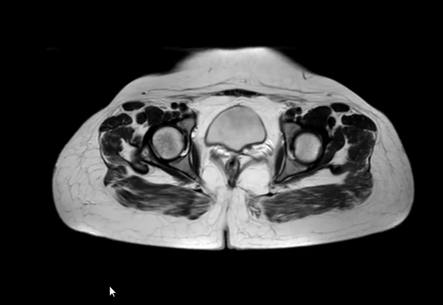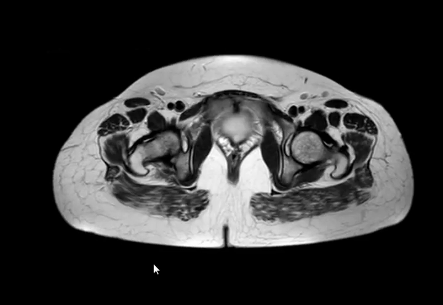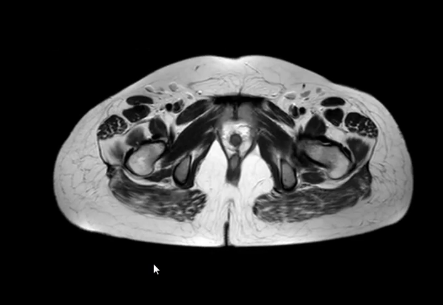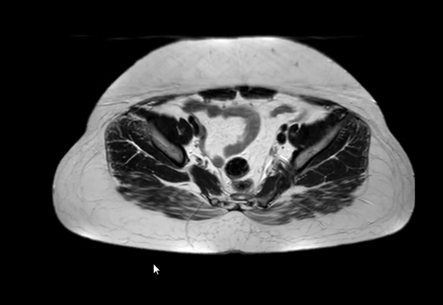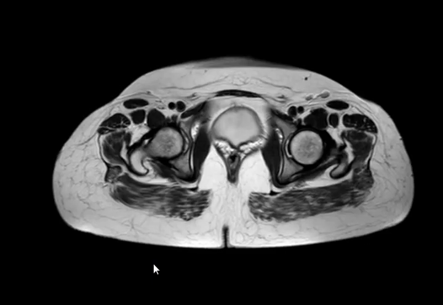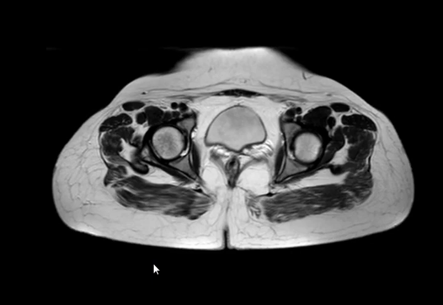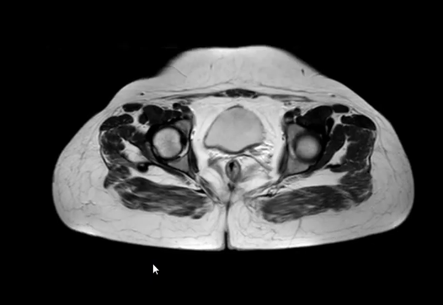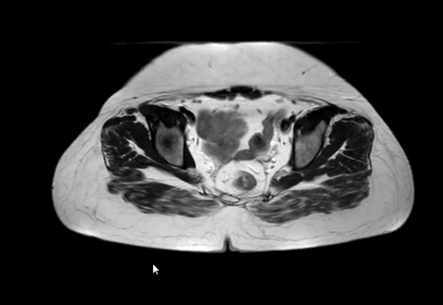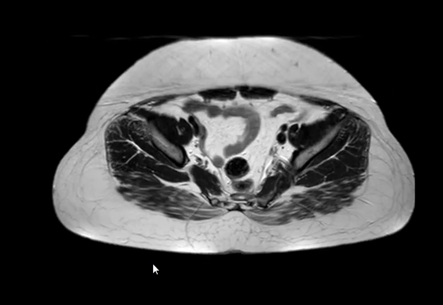What's this sequence? T2, axial, coronal, sagittal, with fat sat or without fat sat? So this is T2 axial without fat sat, showing normal urinary bladder. What else?